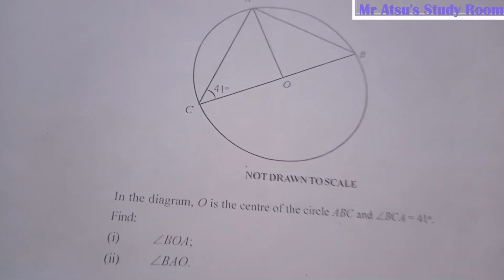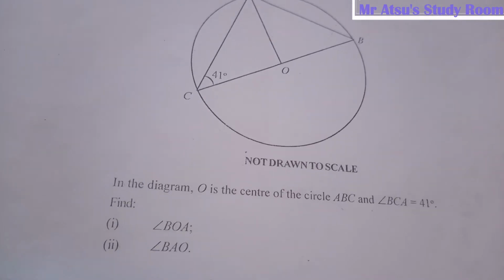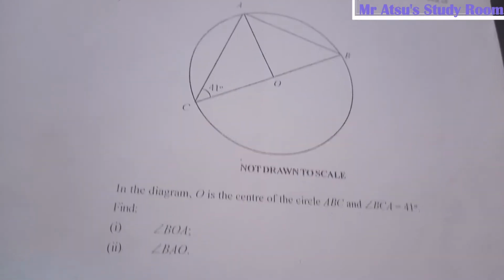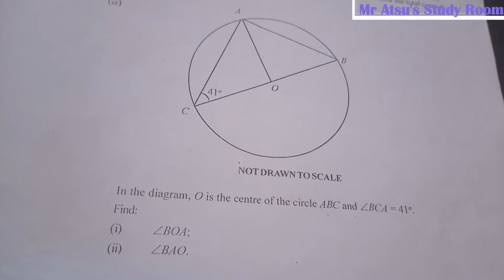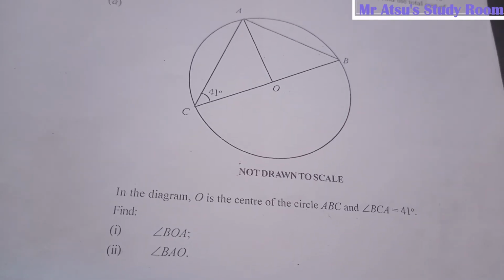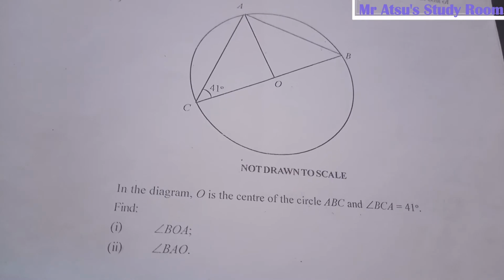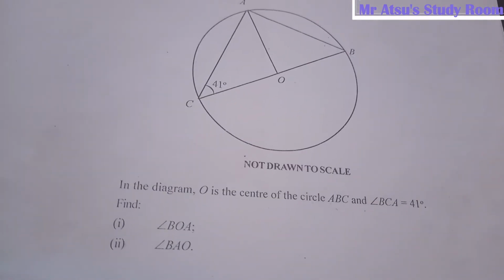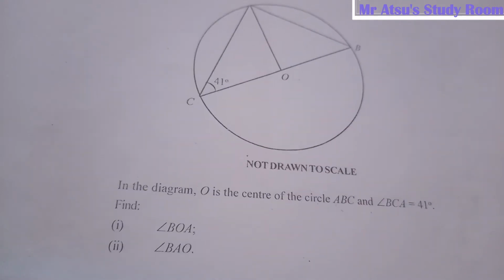So let me just write that. We know CAO from the first calculation, that is 41 degrees, plus angle BAO should give us 90.